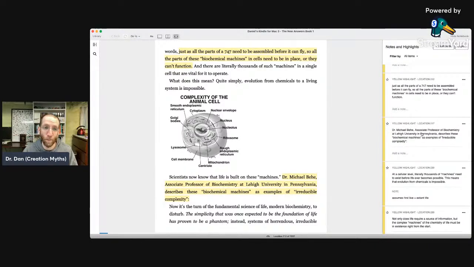The third version of the irreducible complexity hypothesis is what I call the weak version. And the weak version is that, well, some things that have irreducible complexity can evolve and some things can't. That's an unfalsifiable game of whack-a-mole, because what that really means is we've explained how some systems have evolved and we haven't explained how other systems have evolved.